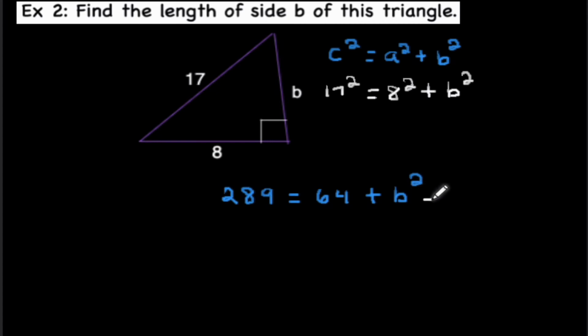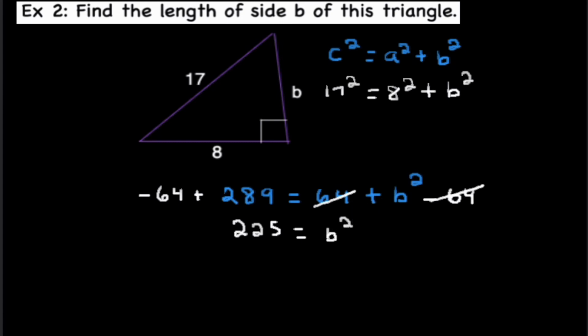So let's subtract 64 from this side as well as on the left side. Now you can calculate 289 minus 64, which is 225. And that's equal to, the 64's cancel, b squared.